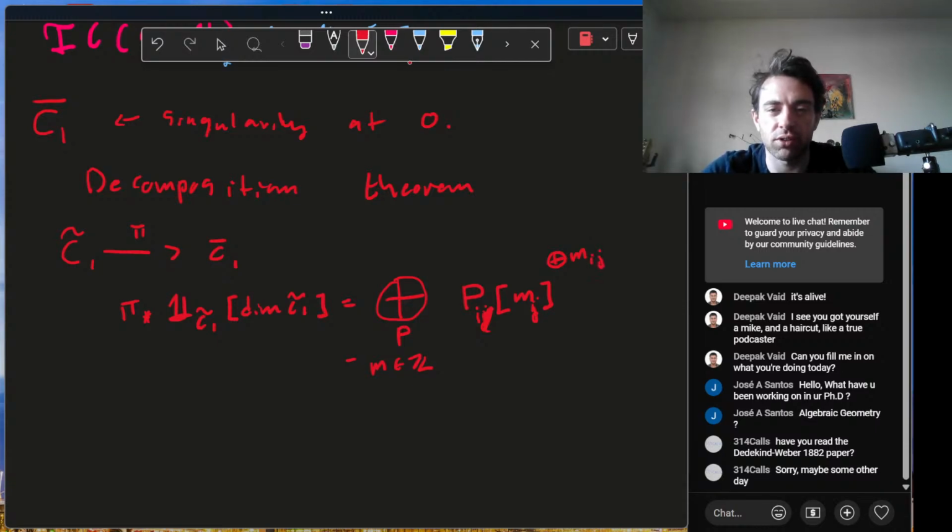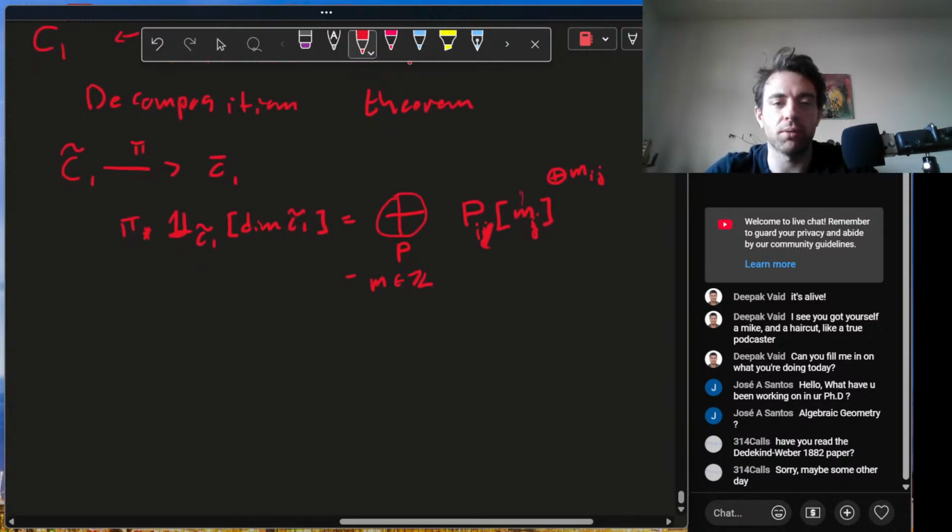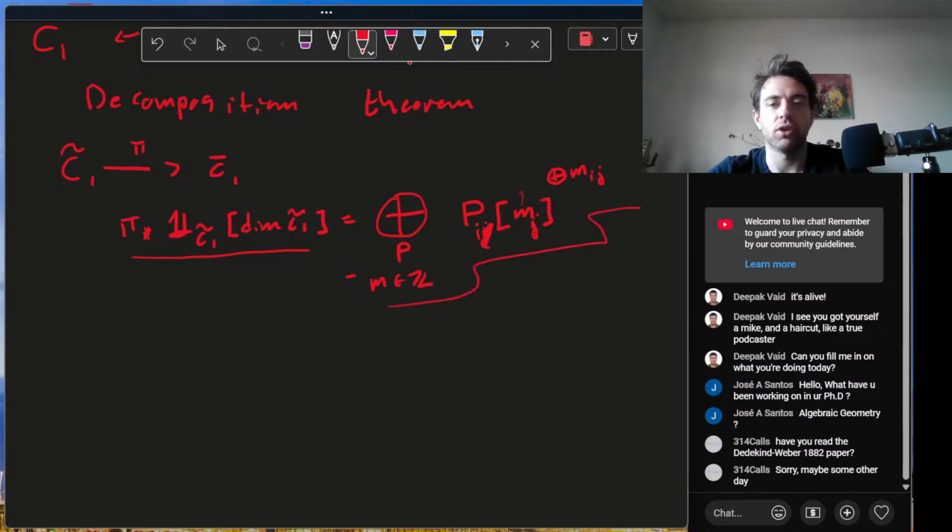So maybe I shouldn't call this one m as well, but okay, too late. I think you get the idea. The bare bones decomposition theorem tells us that pushing forward this thing will just give some sum of shifted perverse sheaves with multiplicity.